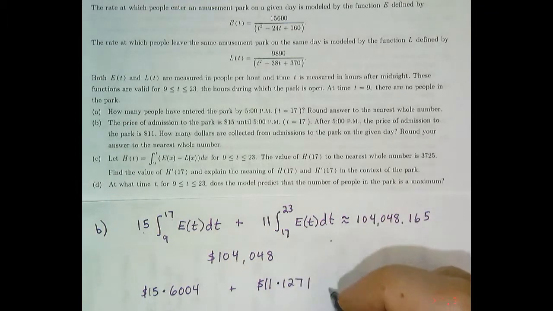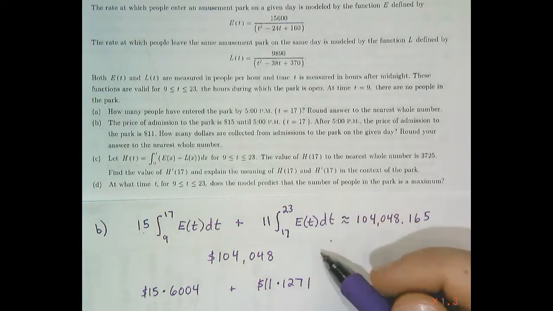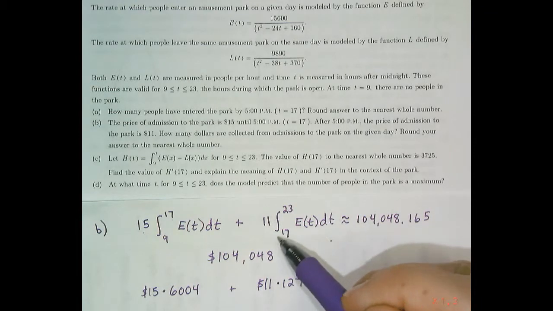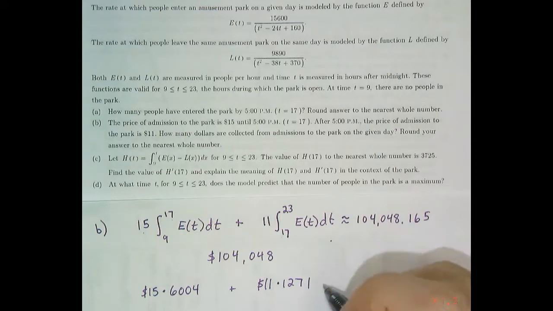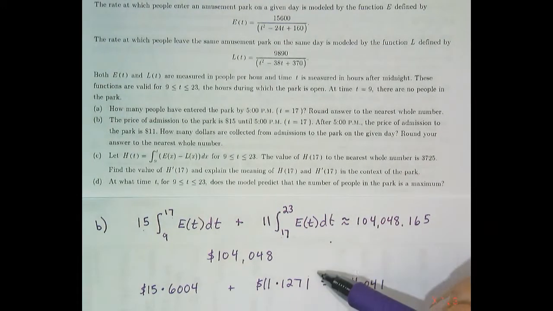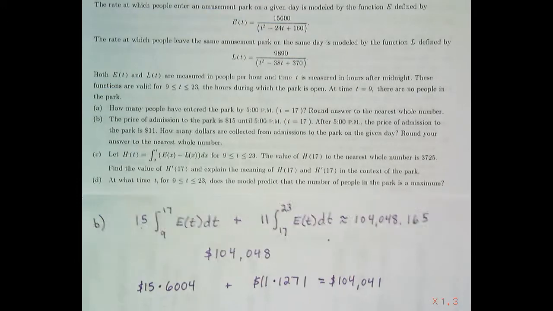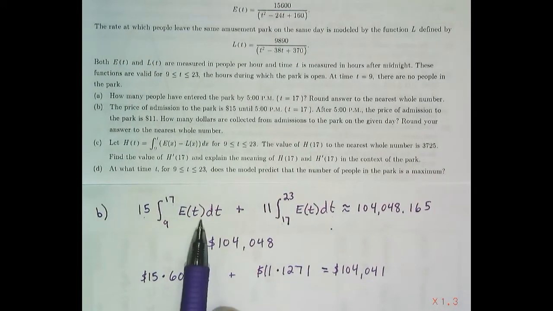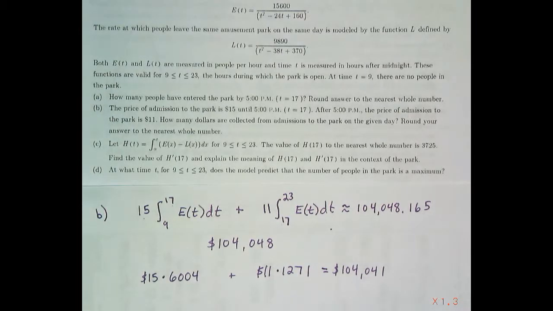And if you took that approach, what happens is you get a slightly different rounded answer because of those fractional persons happening in this, and that value comes to $104,041. So the slightly different approaches yield slightly different answers, and that has to do with the fact that this is a continuous function even though the number of people entering a park is a discrete function. No such thing as half a person.